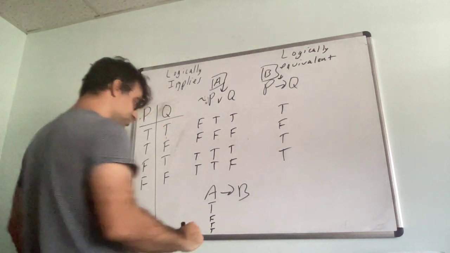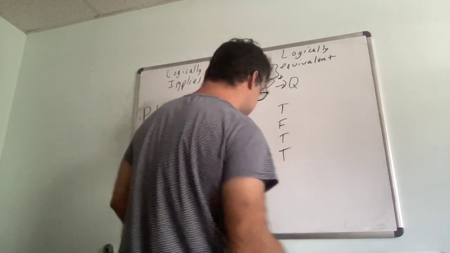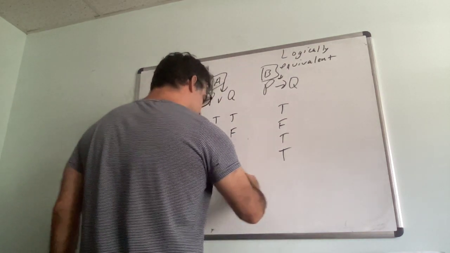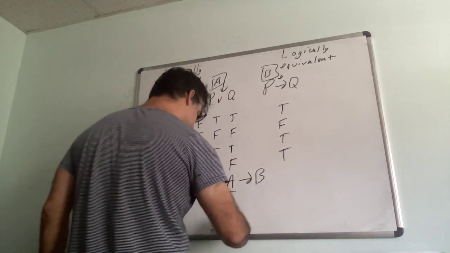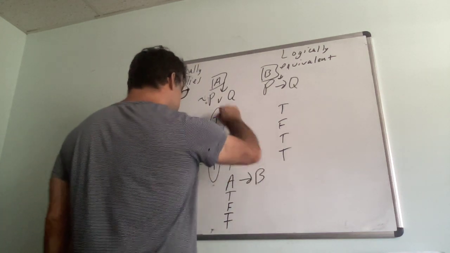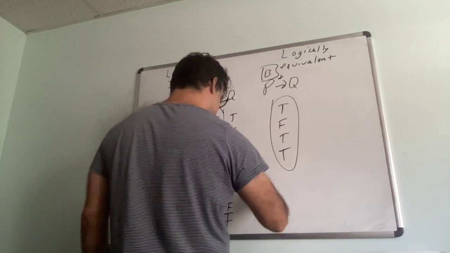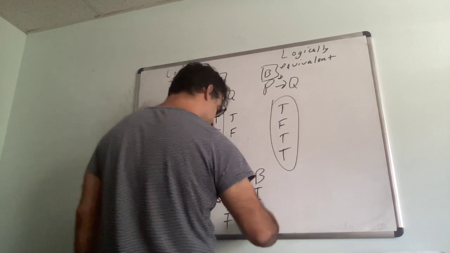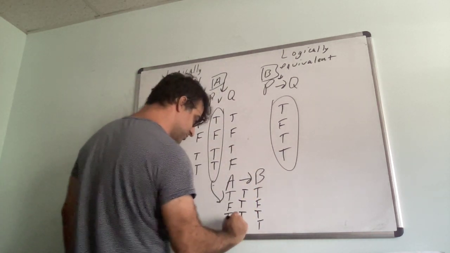True, false, true, true. Let me write that so it's a little more visible. Does A imply B? True, false, true, true for A. True, false, true, true for B. True arrow true, false arrow false, true arrow true, true arrow true.